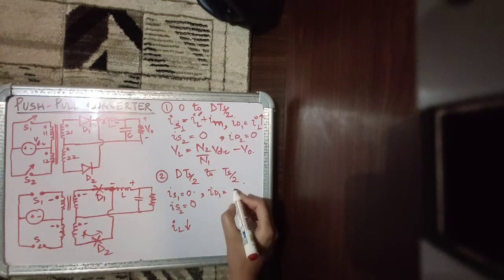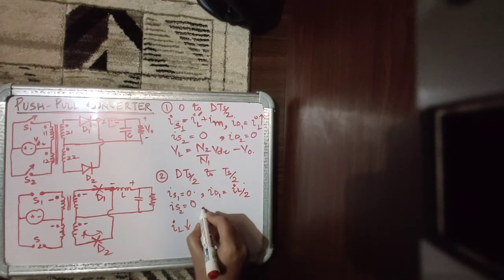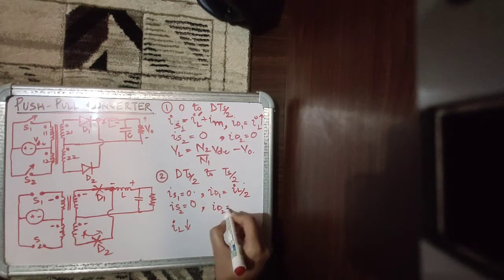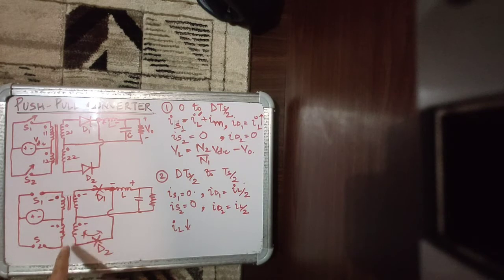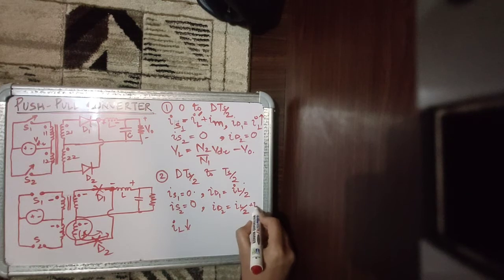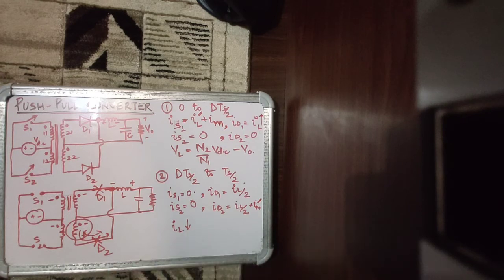So ID1 is equal to IL by 2 and ID2 is also equal to IL by 2 plus the magnetizing component of current, because we know that the flux collapse that happened here, the magnetizing component of current now has to go through D2.